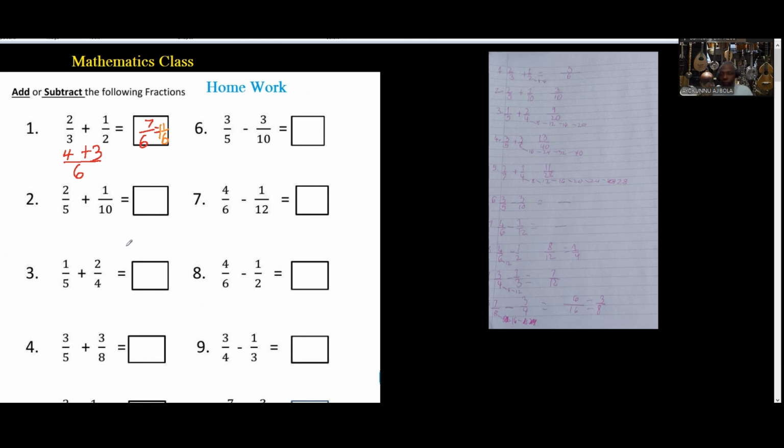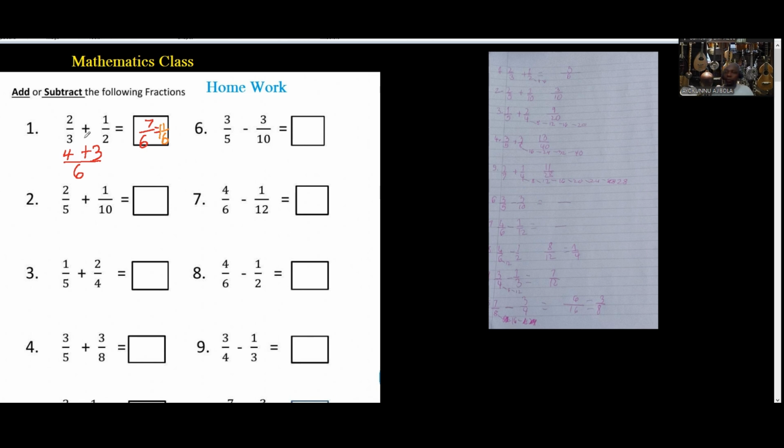Because the denominators are not the same, we have to find a common denominator, right?